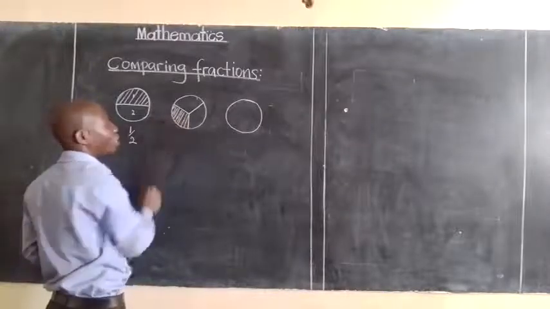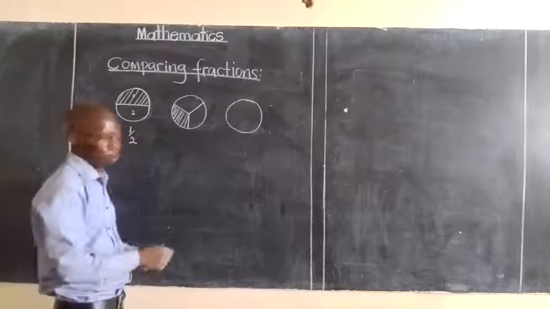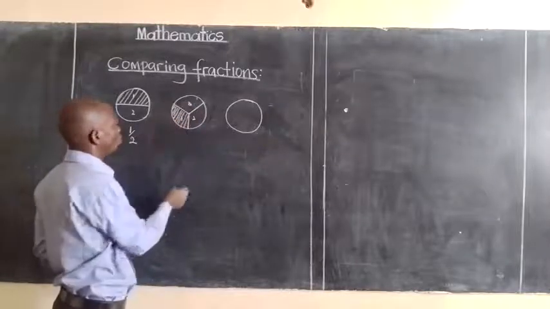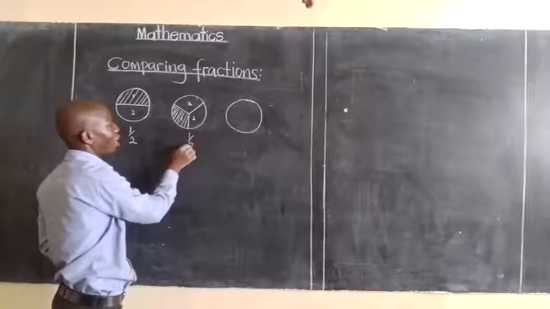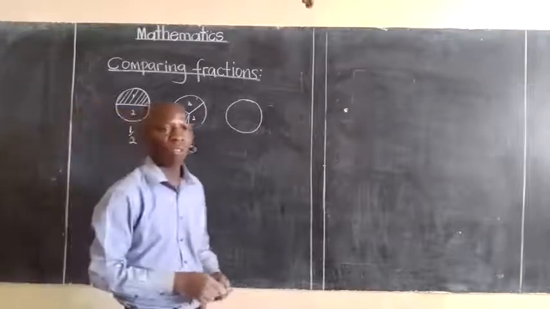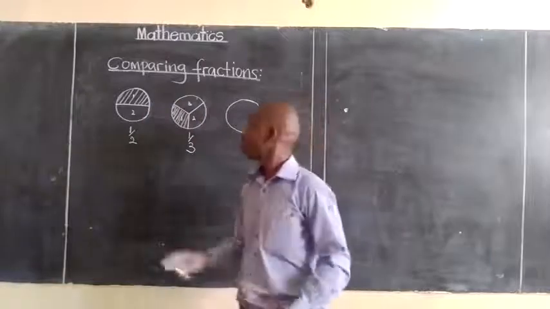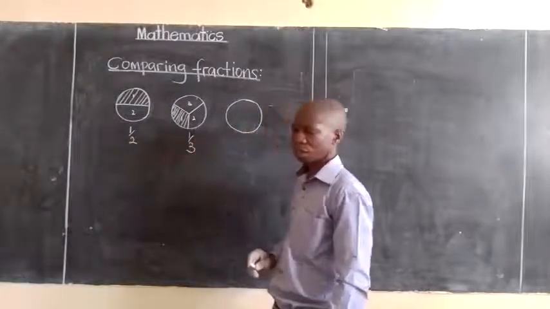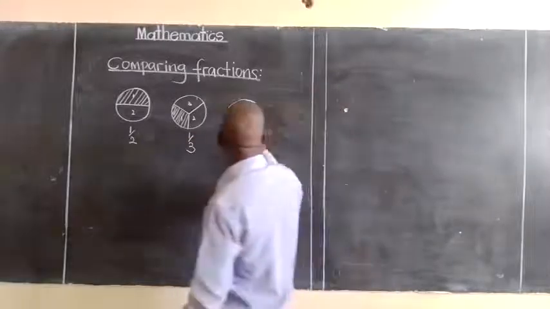It has been divided into 3. We are having 1, 2, 3. So this one is a third, or 1/3. This is 1/2 or a half. And now we are having this one.